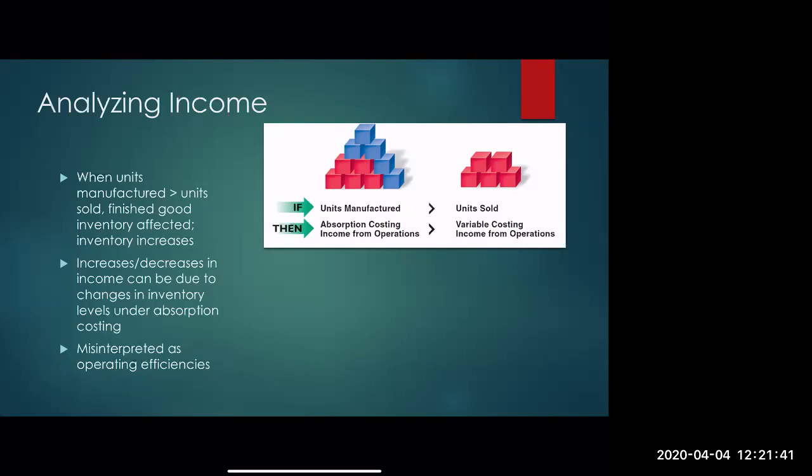So let's look at how this could be misinterpreted as operating efficiency. You make more than you sell, and then you have ending inventory, and that could affect how managers see income from operation.